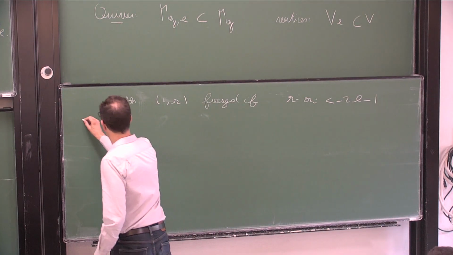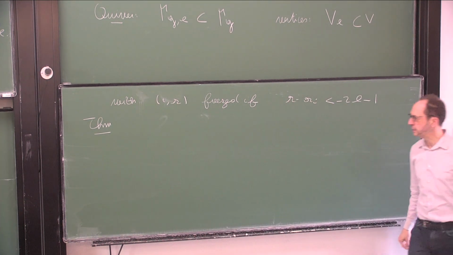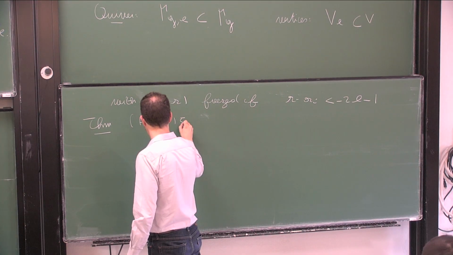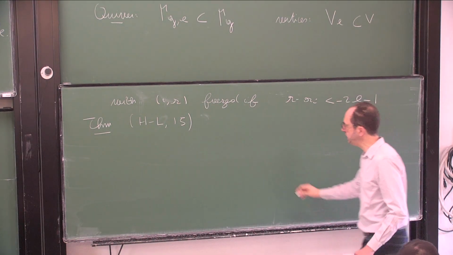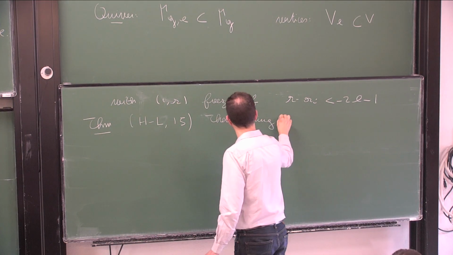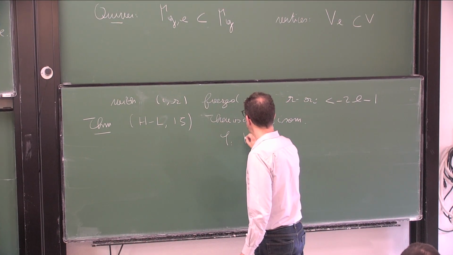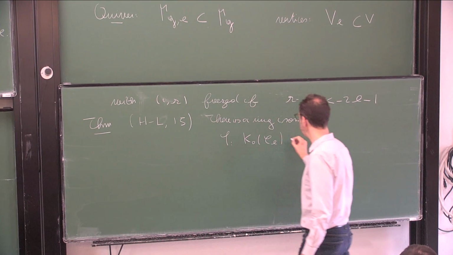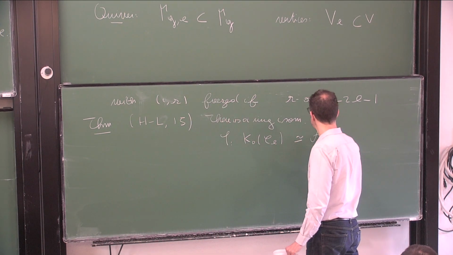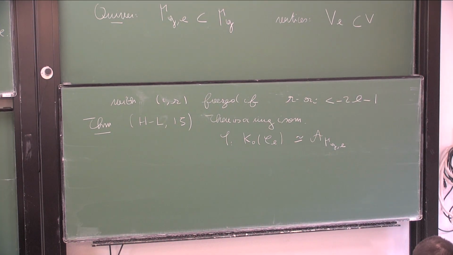Okay, so now we have the theorem that you expect, which we proved with Bernard in 2015, now for any type: there is an isomorphism between the Grothendieck ring of this category and the cluster algebra corresponding to this quiver.